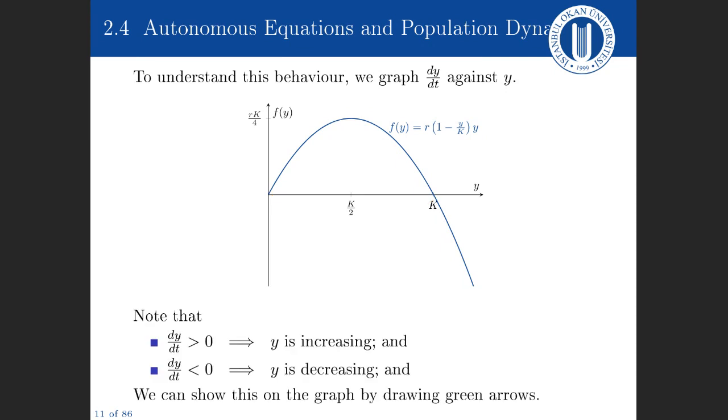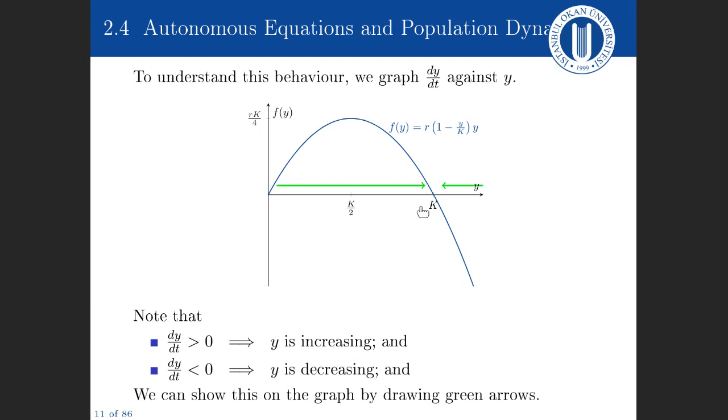Now, note that if dy/dt is positive, that means y is increasing. If dy/dt is negative, that means y is decreasing. We can show this on the graph by drawing some green arrows.